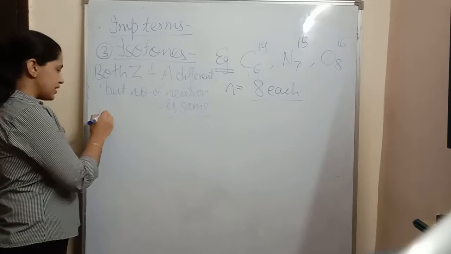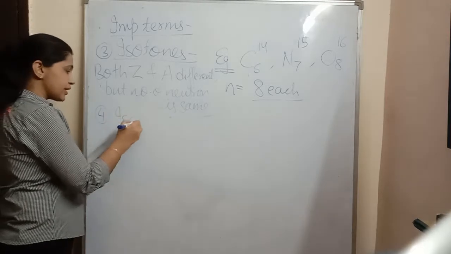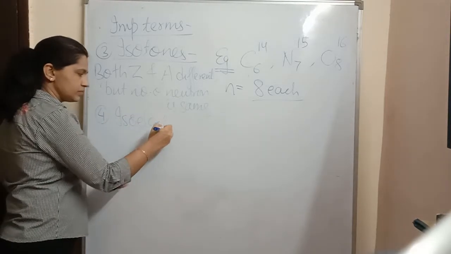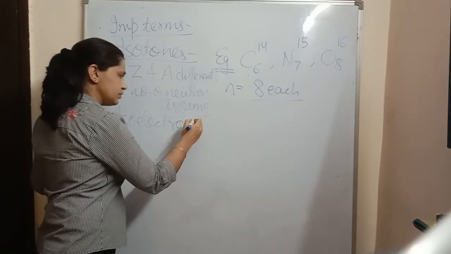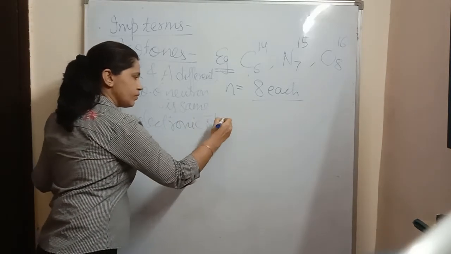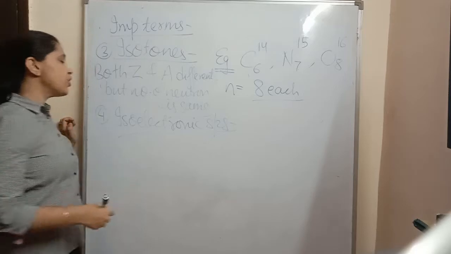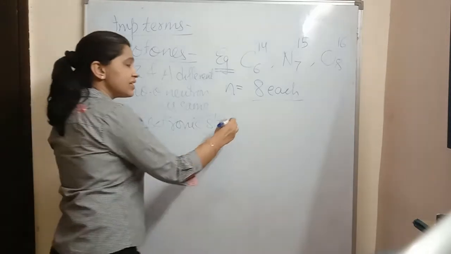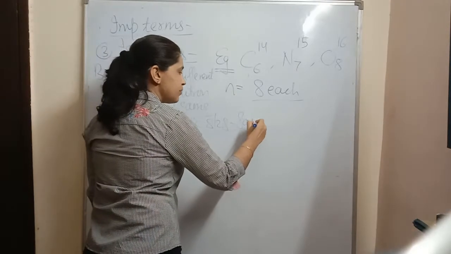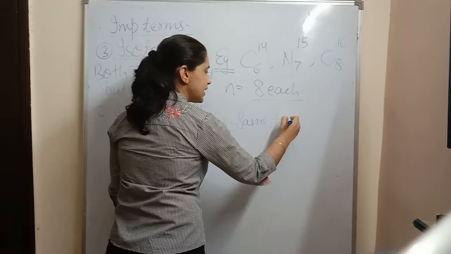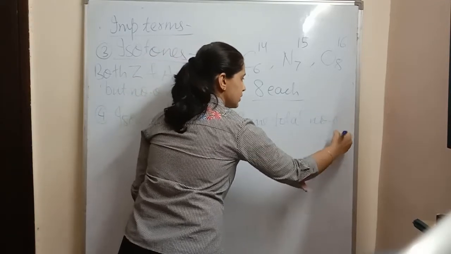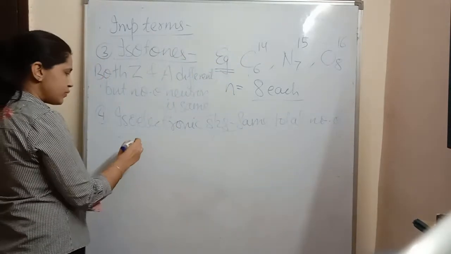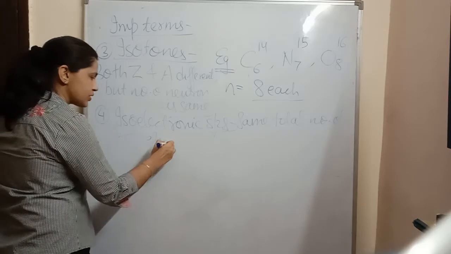And the fourth one is isoelectronic. Isoelectronic species have, as the name indicates, the same total number of electrons.